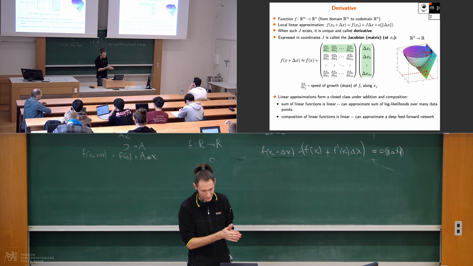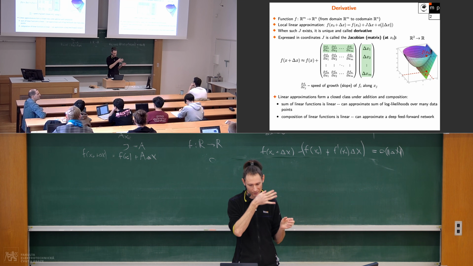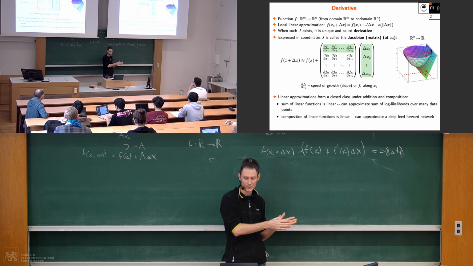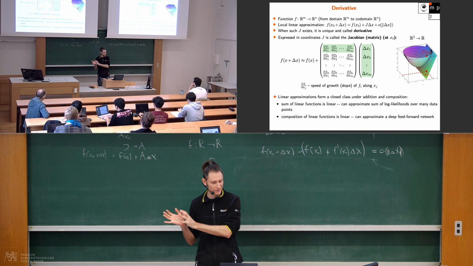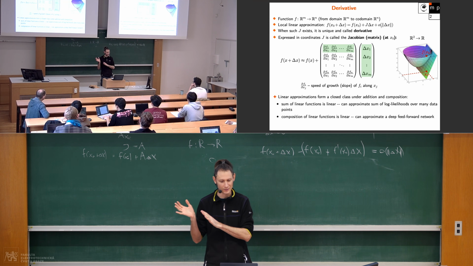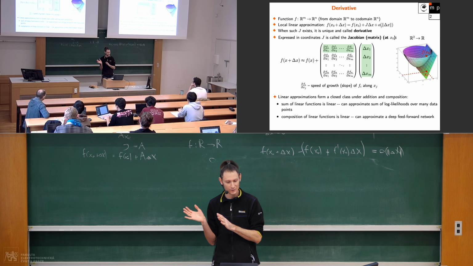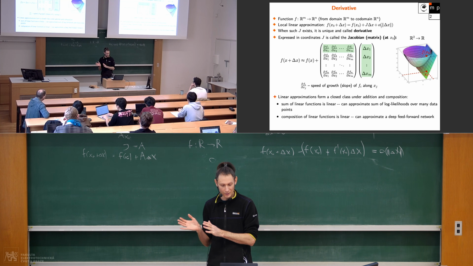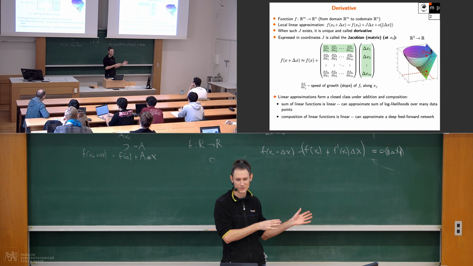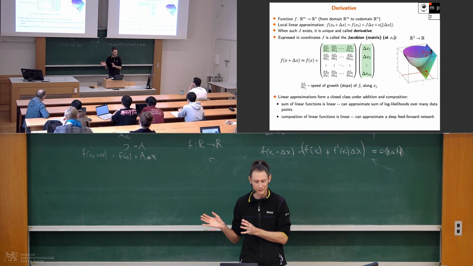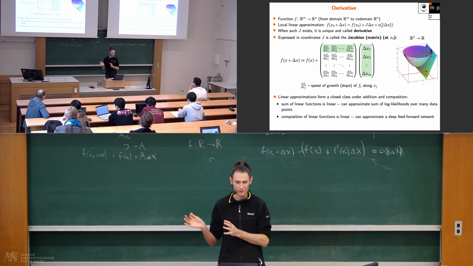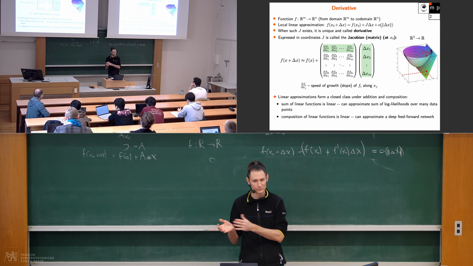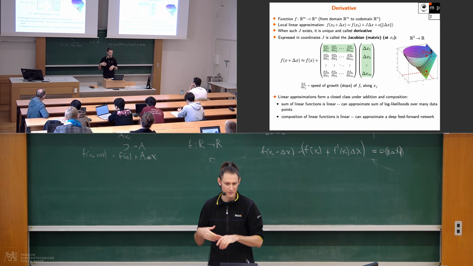What else to say about this? What we're going to do with these linear approximations is that if we have a complex function which is composed of multiple functions, we're going to linearly approximate every function in that composition and then compose these linear approximations. This is going to be linear. And if we have a big loss function, which is a sum over all of the training data of different losses, then also we're going to approximate every term in this sum linearly, and the sum of these approximations is again a linear function.